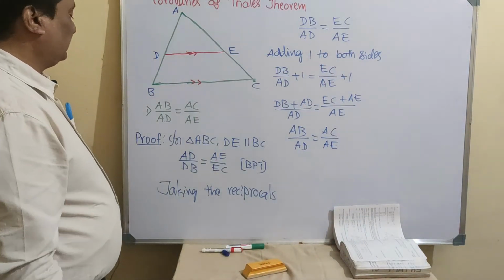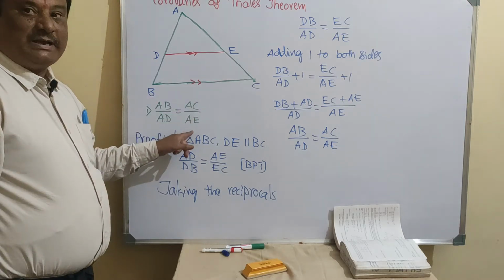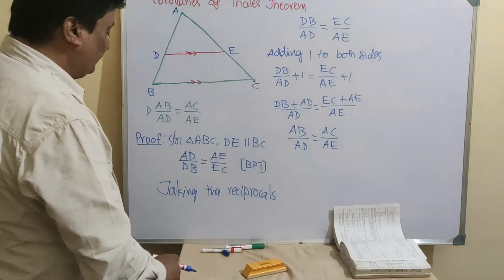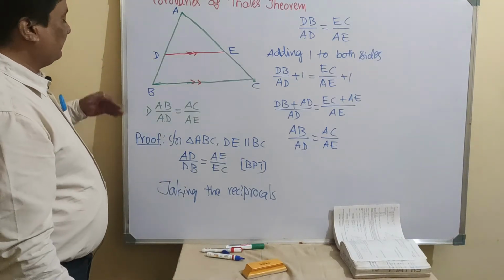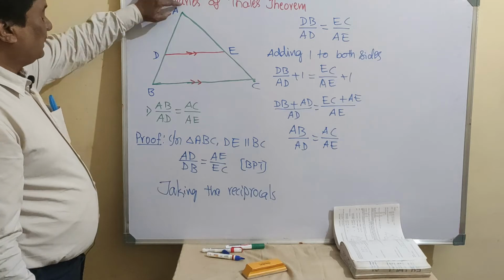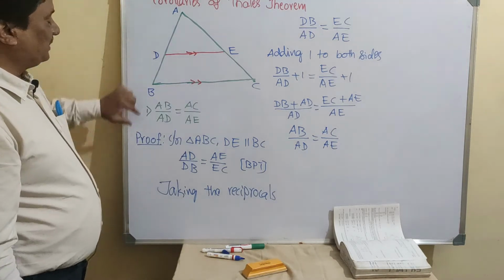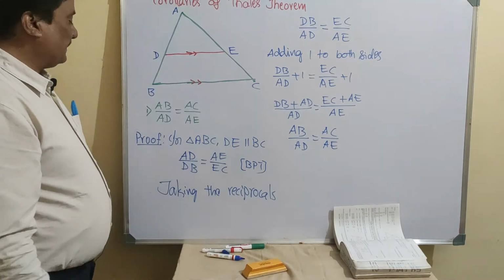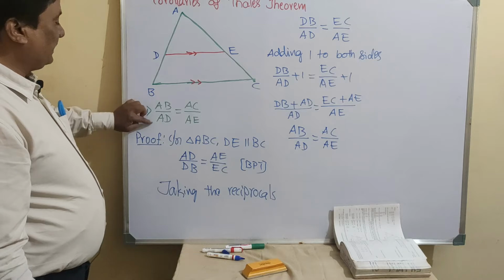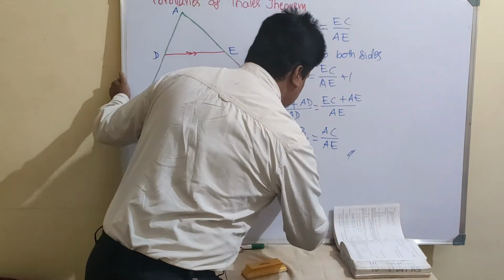So this is the result we got: AB by AD is equal to AC by AE. That's how we can prove the first corollary. In it, we have taken the ratio of the complete part to the first part, which is equal to the ratio of the complete part to the first part.